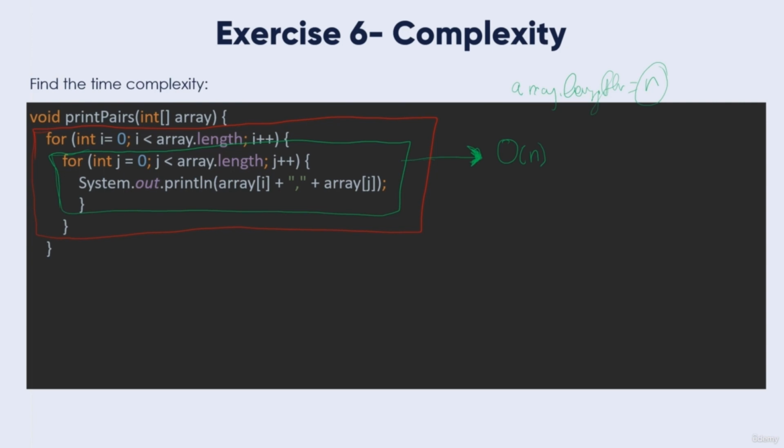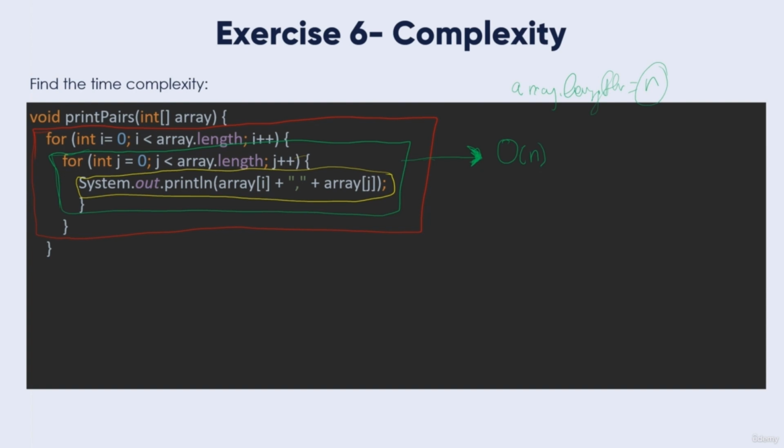Now, inside this loop, we have another loop, a nested loop, and it starts from j equal to 0, j less than n, and its increment is j plus plus. So it goes through all elements from 0 to n, and is printing this. Okay?